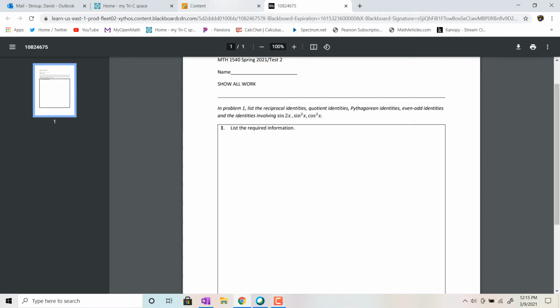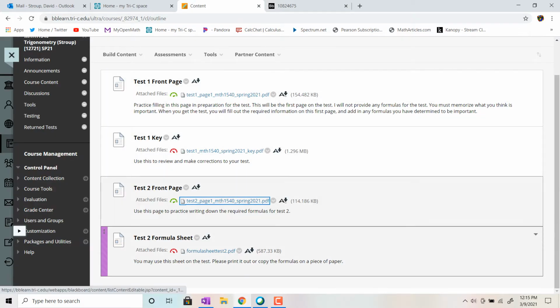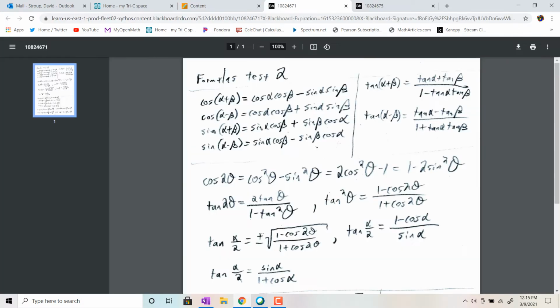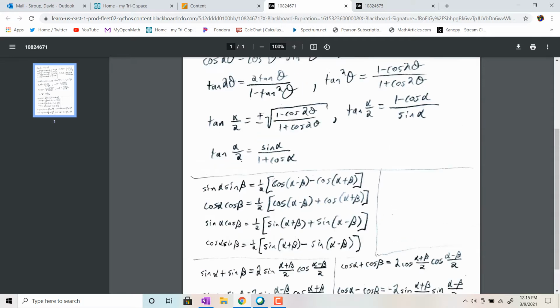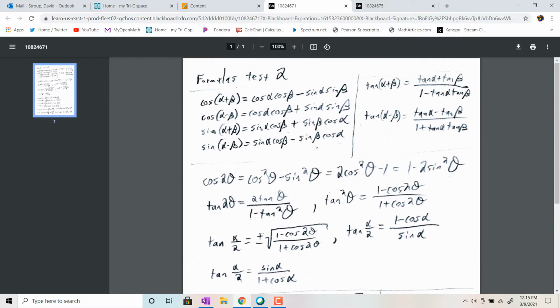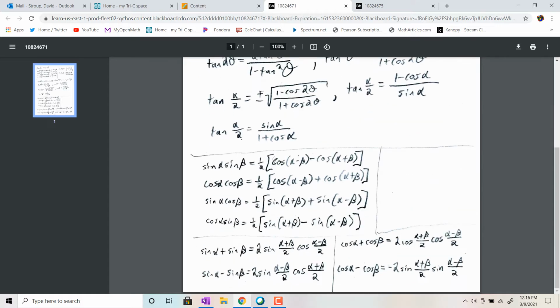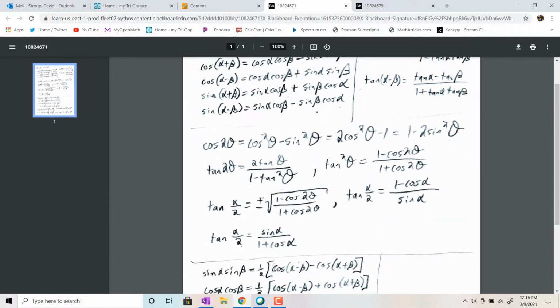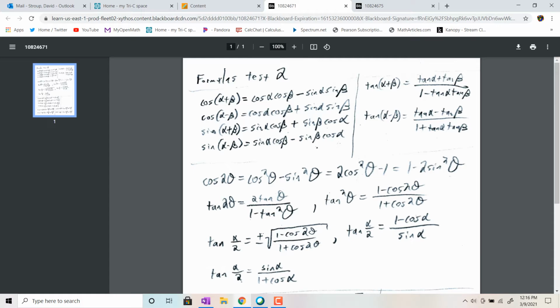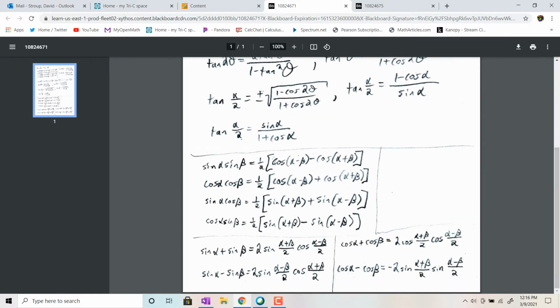Before I do that, I just want to show you that I am giving you a formula sheet this time, so you're not going to have to memorize tons of formulas. You can either print this out or write them down on a piece of paper for you to use. Although these formulas are important, I typically don't use them all that often in Calc 1 and Calc 2 and Calc 3, so I'm not going to force you to memorize them.